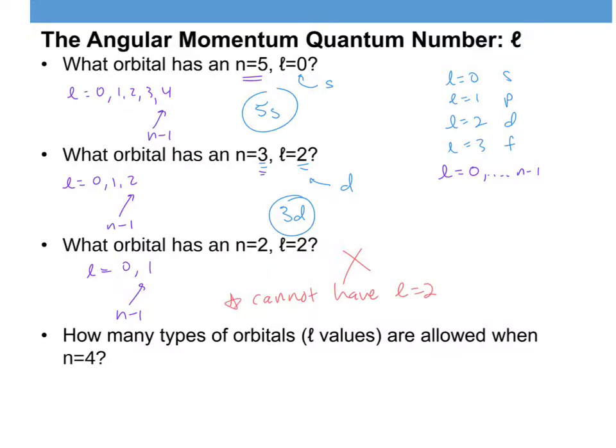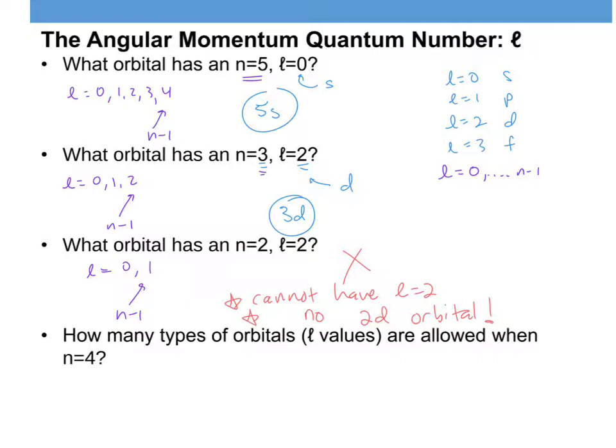It's not allowed by these quantum numbers. Or another way to say this is that there is no such thing. There is no 2D orbital. It's not allowed by these quantum numbers, which again describes the probability of finding an electron in a certain area. There's nothing that looks like that.